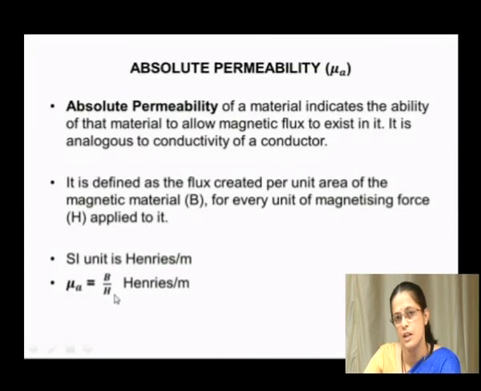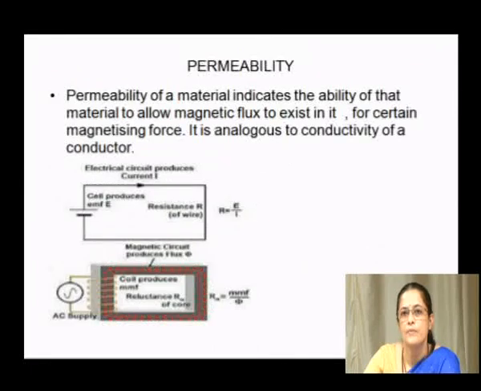You can observe that. What did we define it as? Flux created per unit area of the magnetic material. So, what is flux per unit area? We already studied that flux is represented as phi. Flux per unit area is nothing but flux density, which is represented as B.